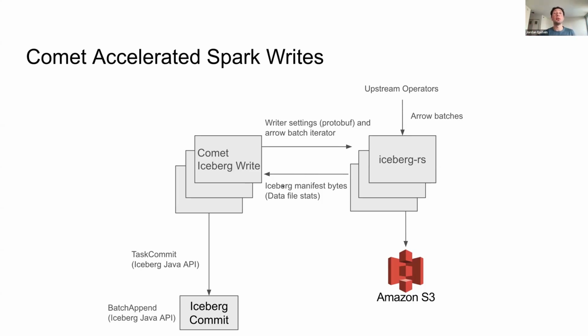And we do so in the form of Iceberg manifest bytes. The reason being that that's a standardized format of data that both the Java API and the Rust API can understand with one another. Once all of these Comet Iceberg write tasks eventually finish, they each send task commit objects back to the Iceberg commit operator, which commits again from the driver.